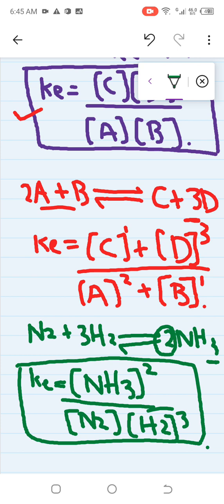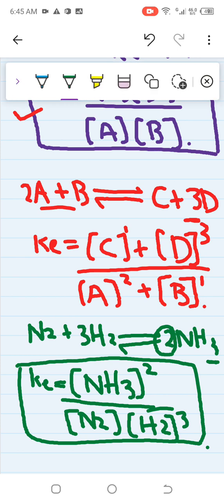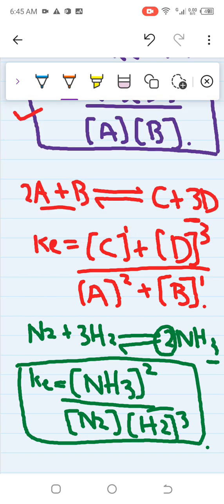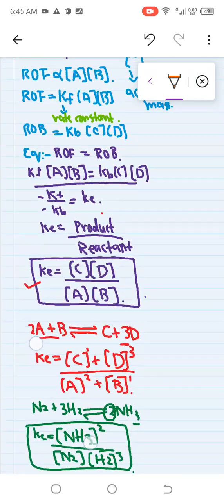Now let me tell you about two types of equilibrium constant. We have two types of equilibrium constant.